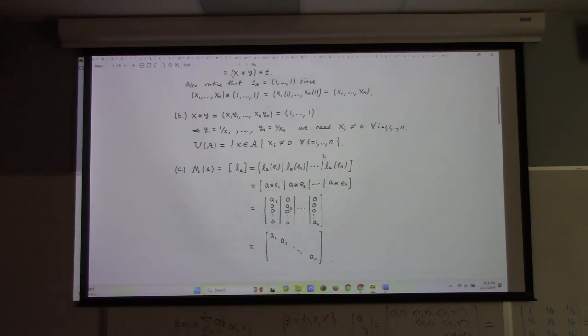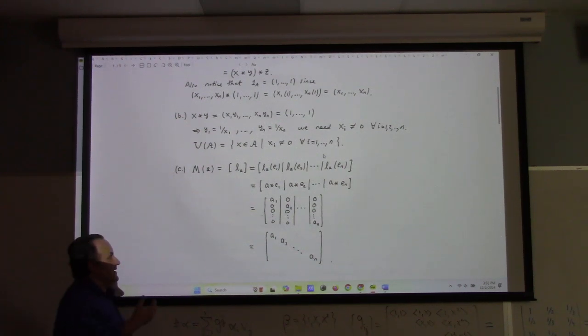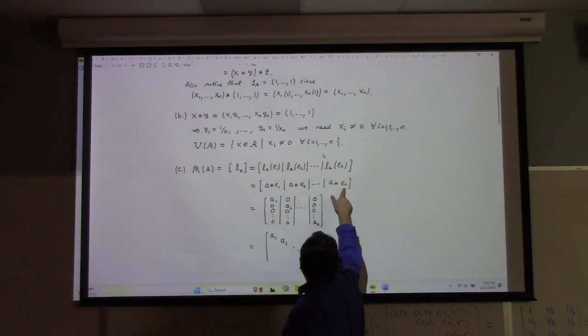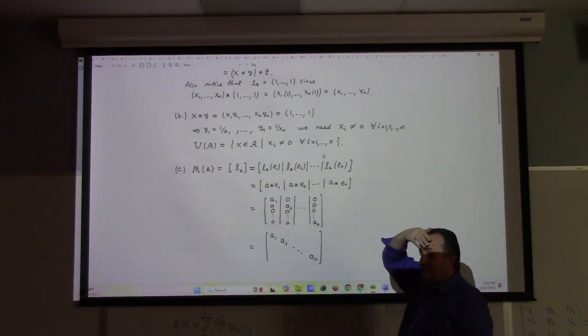And I calculate the components, the matrix of the left multiplication map with respect to the basis. If we're working with the standard basis, this is especially simple because all we do is simply calculate A times E1, A times E2, A times En with respect to whatever algebraic structure we're dealing with.